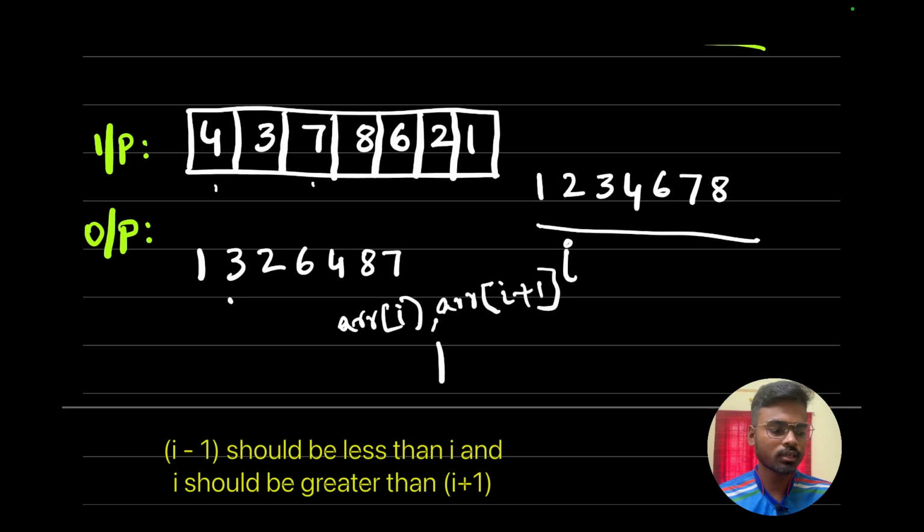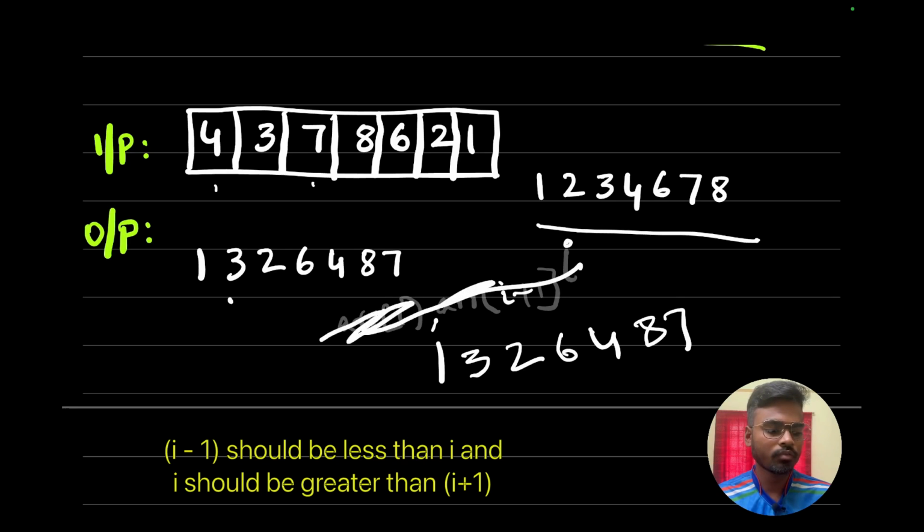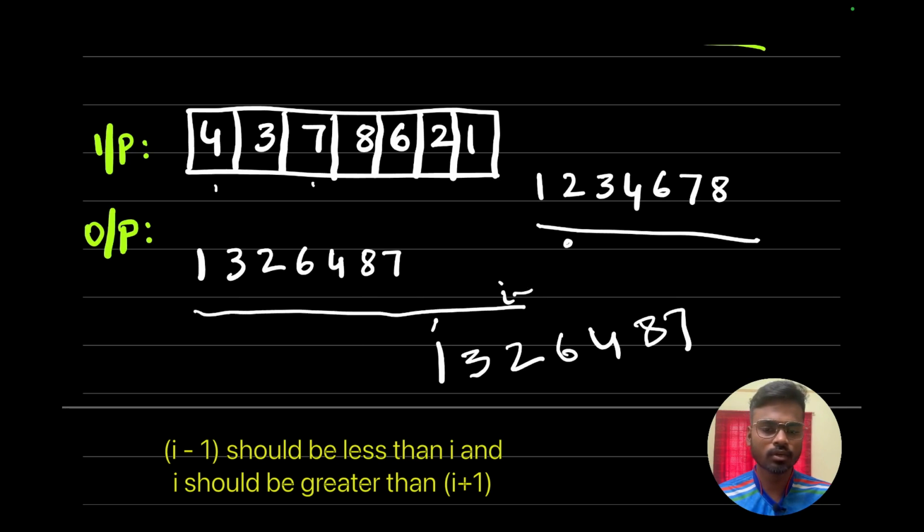So 2 and 3 will be swapped, giving 1 3 2, 4 and 6 would be swapped, 6 comma 4, and 7 and 8 would be swapped, which is 8 7. Using this solution, we achieve the output 1 3 2 6 4 8 7. That's all we need to convert a given array into a zigzag array.